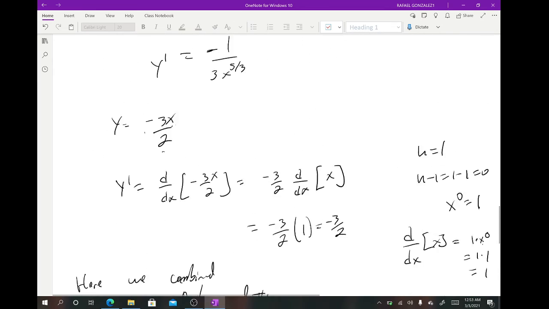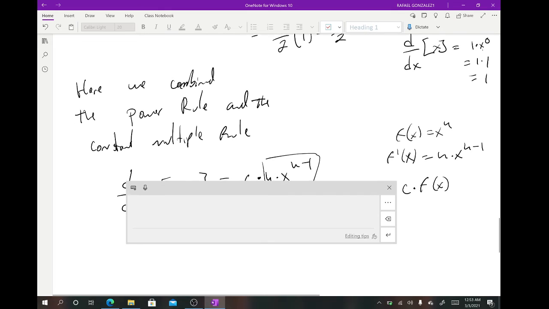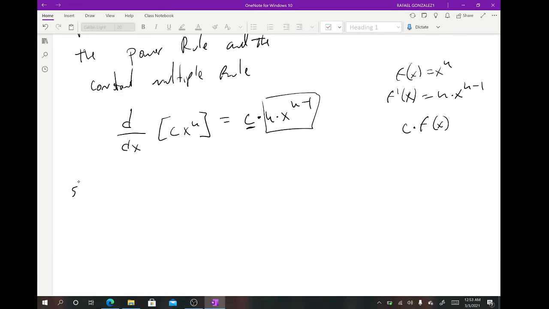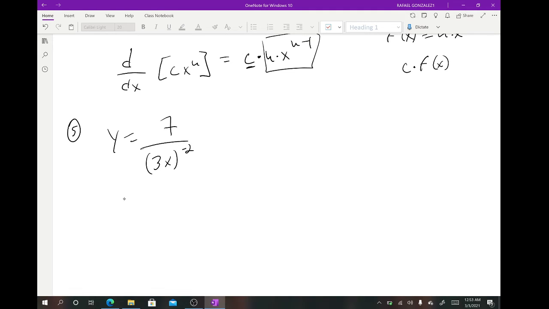What number was I up to? 4. So let's do one final one, 5. So what if we're dealing with the following? y equals 7 over 3x to the minus 2. Well, if you're dealing with something like this, again, the first step should always be to rewrite it into something that looks simpler.